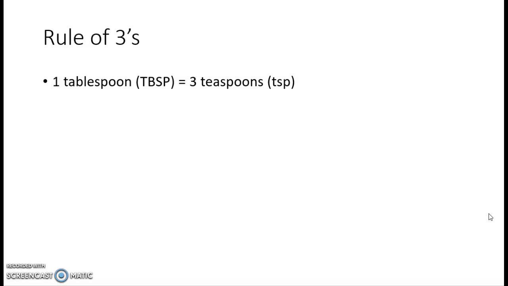We have the greatest accuracy if we use the measuring spoon or the measuring cup that is the summary of the quantity of the ingredient. So instead of measuring, in that case, 9 teaspoons, we would just measure 3 tablespoons.